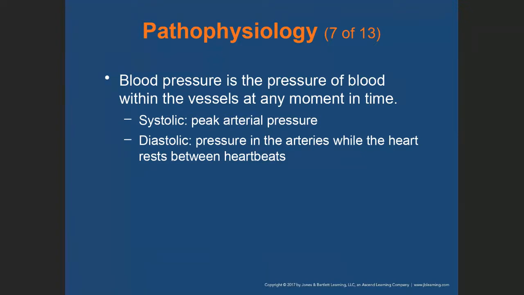An easier way of interpreting this is that the systolic is when the ventricles contract, and the diastolic is when the ventricles relax. That's an easier way to process the information. So the systolic pressure is obtained when the ventricles contract. The diastolic is when the ventricles relax.